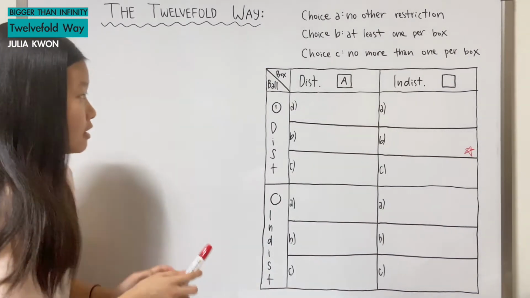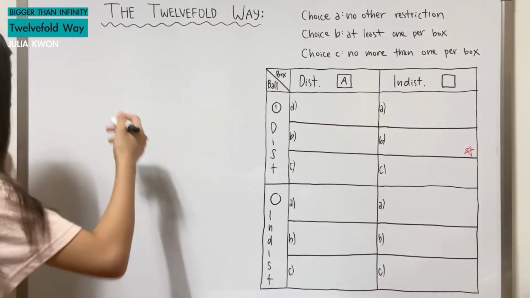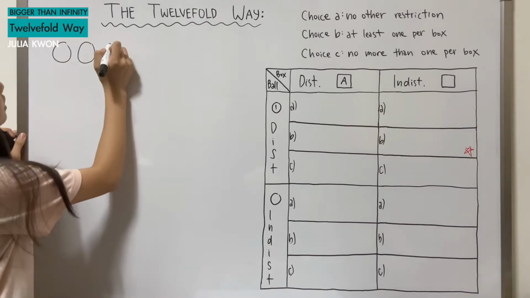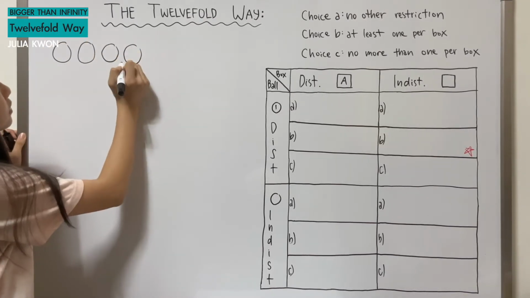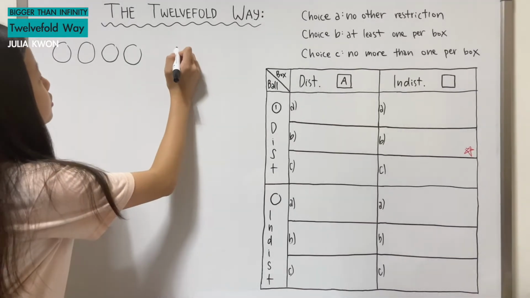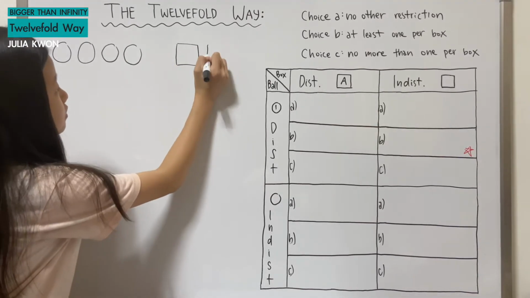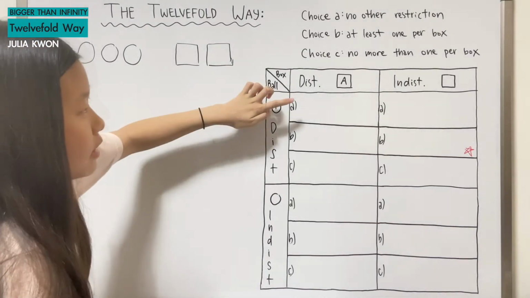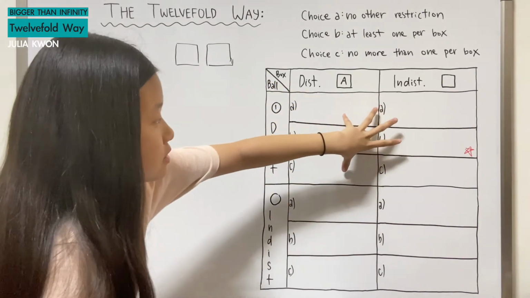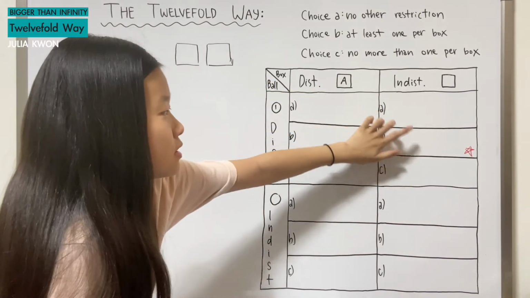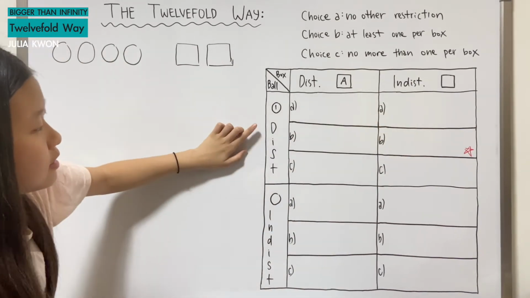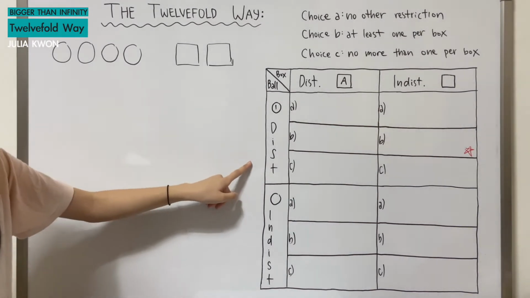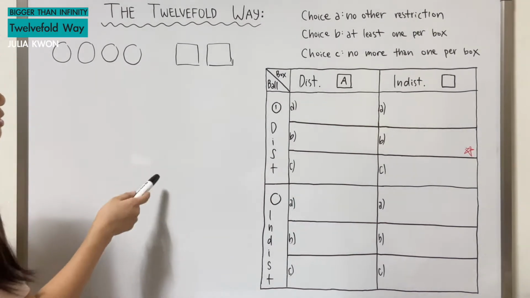And in this video, we will have 4 balls and 2 boxes. 1, 2, 3, and 4 balls going into 2 boxes. And every column that's on this side, so all of these 6 columns, all of the 4 balls are distinguished, so all of the balls are different.